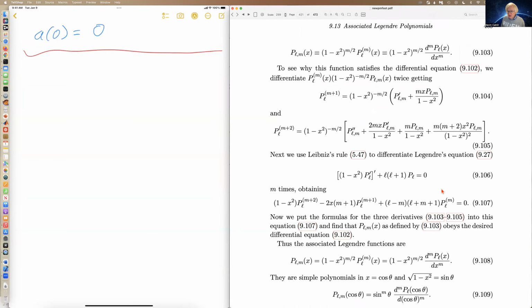Now, this is the equation that the various derivatives of Legendre polynomials satisfy. If we now take these different expressions for the derivatives and put them into this equation, what we find is that this is actually a solution.